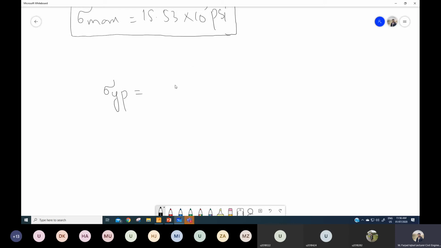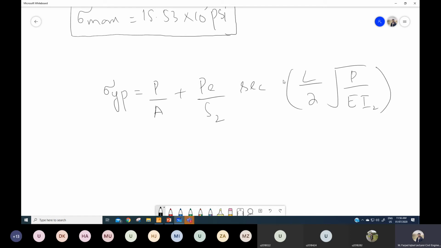So again, if I write my equation, I will have P over A plus P e over S_z secant of L over 2 under root P over E I_z, right? Now this P is the actual load for which this column is designed. So this P is equal to N P_w, because now I am taking the yielding stress, which is the maximum stress that this column is resisting.